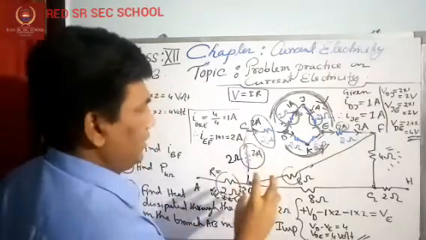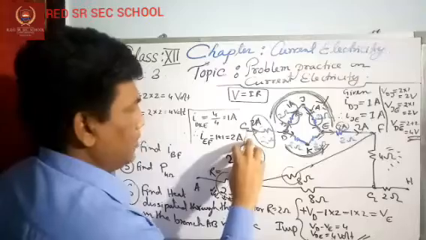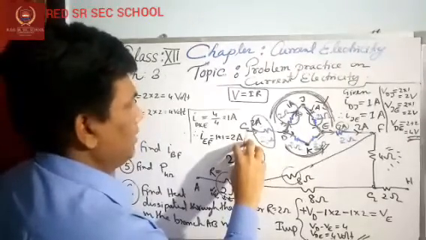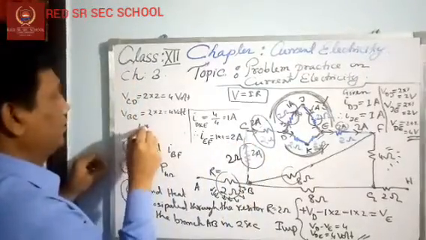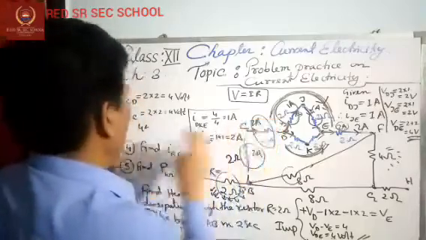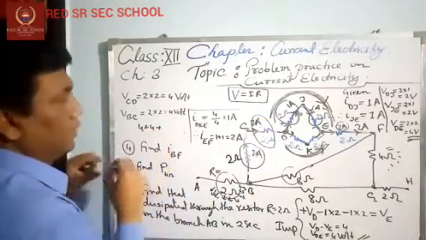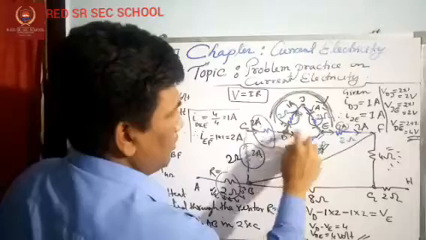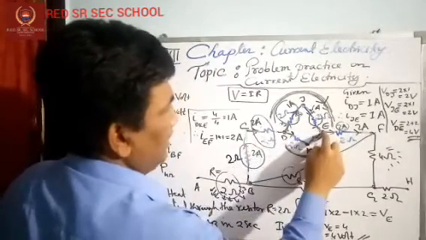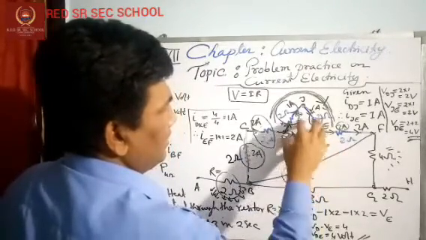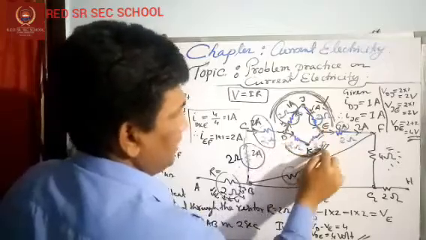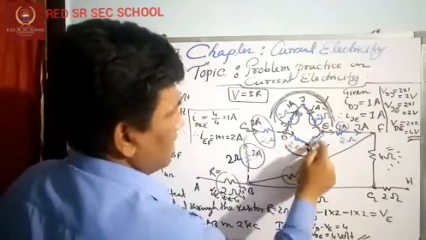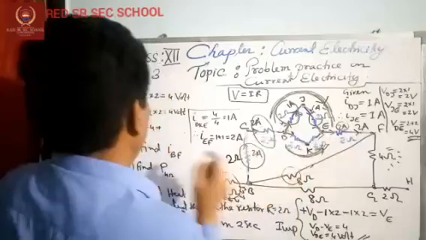See, if I club all these things, what I get? The potential difference here is 4. Here again 4. Here between D and E, what is the potential difference? That is also 4. Current is 1 ampere, resistance is 4, so 4 volt.